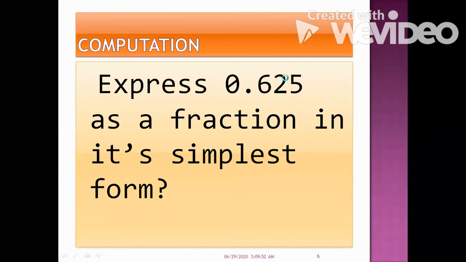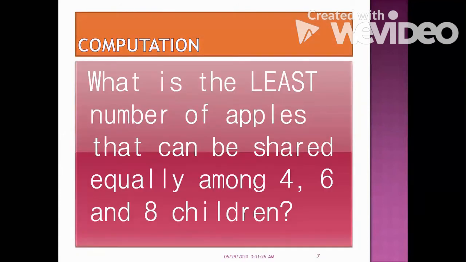So let's look at the other question. It says, what is the least number of apples that can be shared equally among 4, 6, and 8 children? Well, what you're going to do is find the LCM, the lowest common multiple.